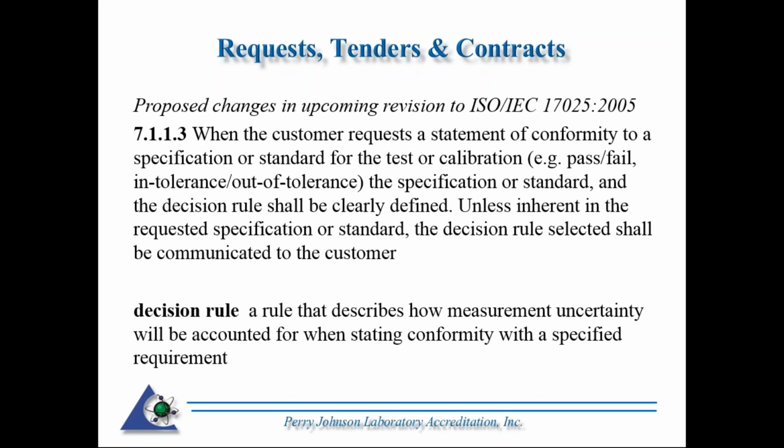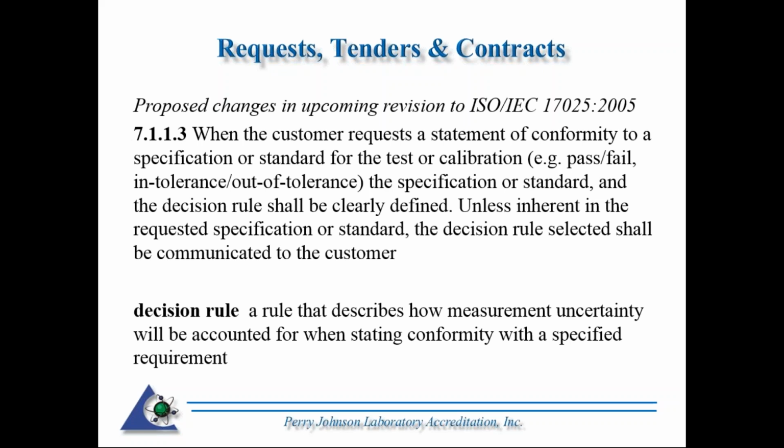A decision rule is a rule that describes how the measurement uncertainty will be accounted for when making statements of conformity with a specified requirement. So it's always been in the standard. When you make a metrological statement of conformity to a specific specification or tolerance, you have to take uncertainty into account.